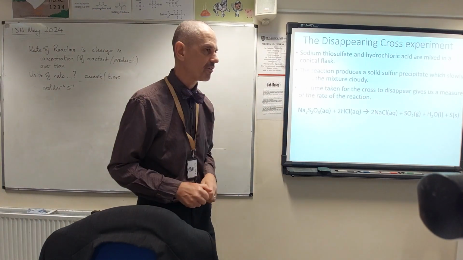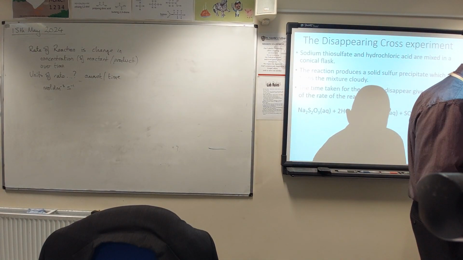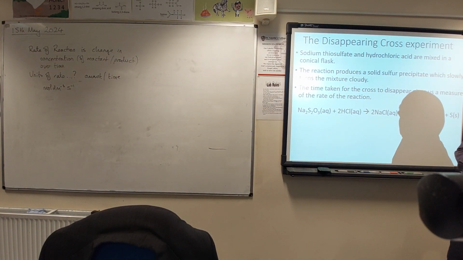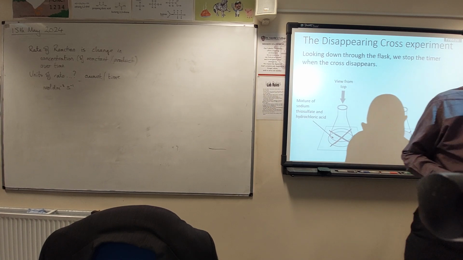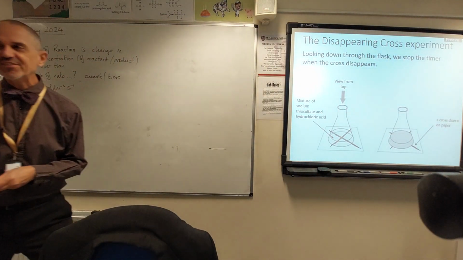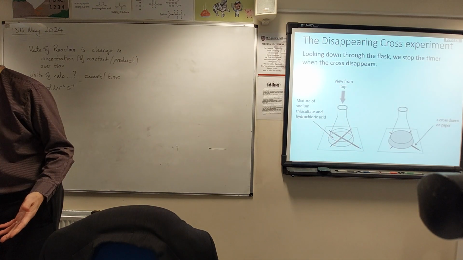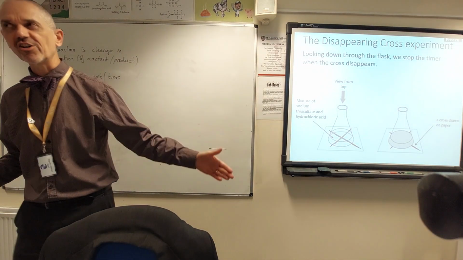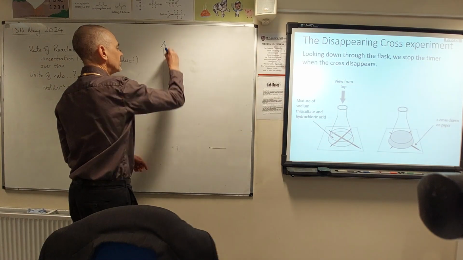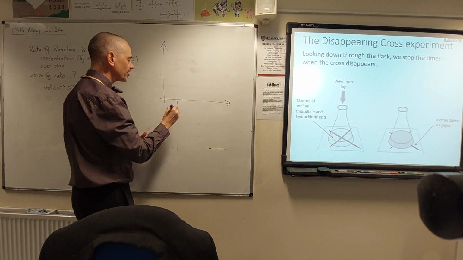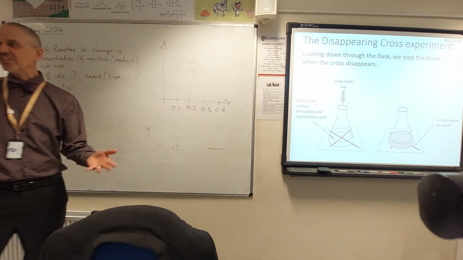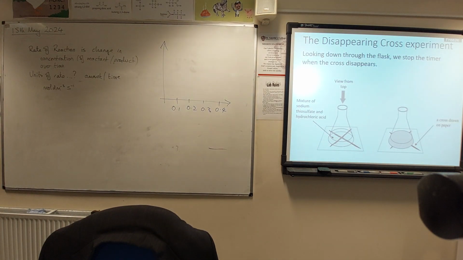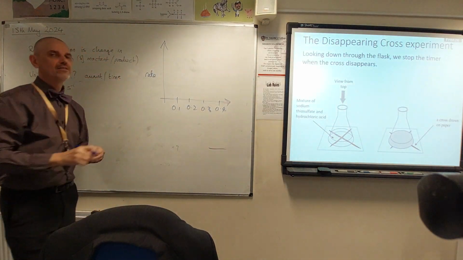Okay, and there's a reaction there. So my question is, if we did this experiment several times, and each time we change the concentration, so we do the experiment with a concentration of, whatever they are, 0.1, 0.2, 0.3, 0.4, changing the concentration of the thiosulfate and measuring rate somehow.